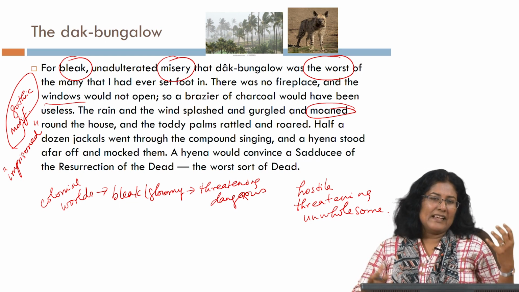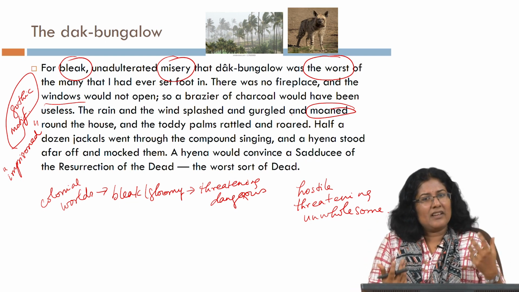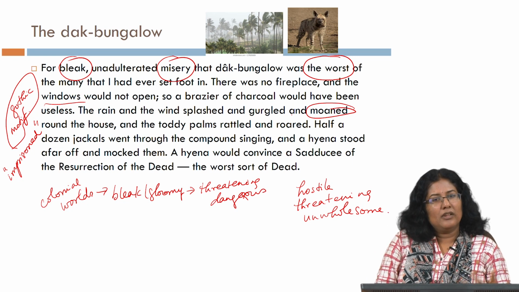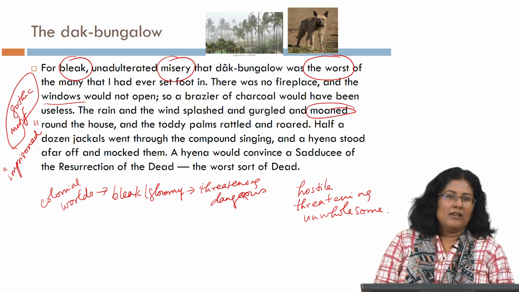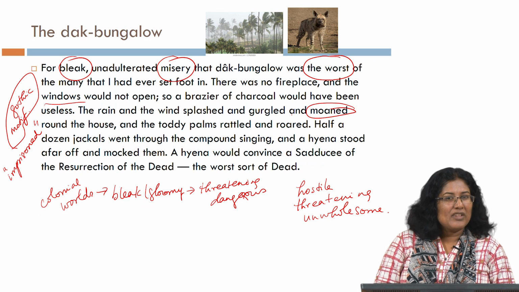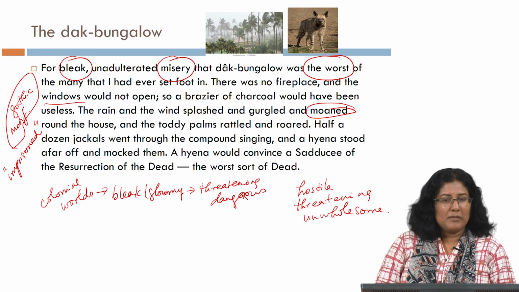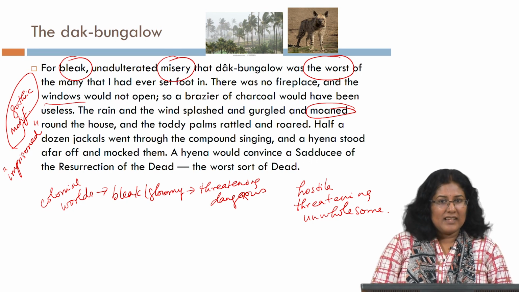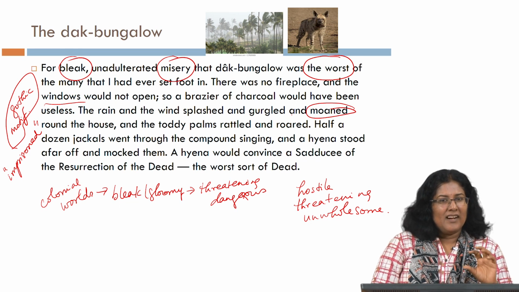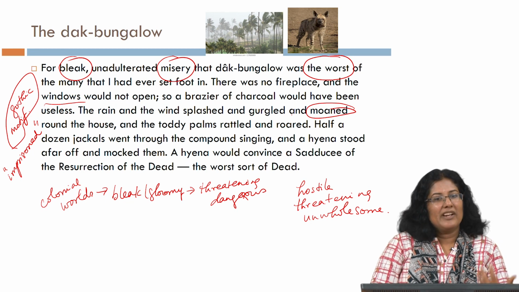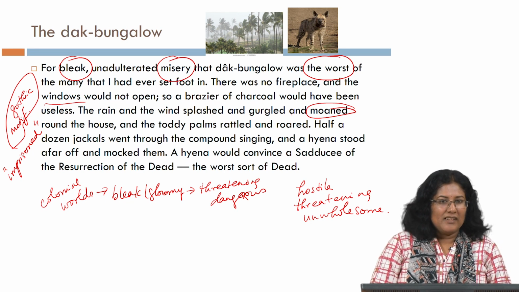So again, hyenas and jackals, very cunning animals. If you look at the attributes that we human beings have given to these animals, we see jackals and hyenas as being merciless, the hyena especially as being very relentless in its pursuit of the prey. So these are the creatures that are being picked out for depiction by Rudyard Kipling in this particular story.